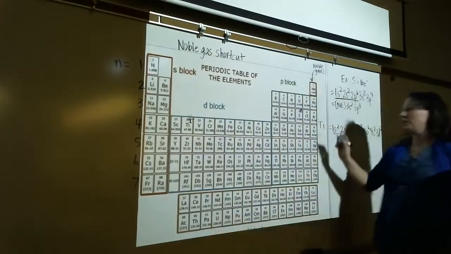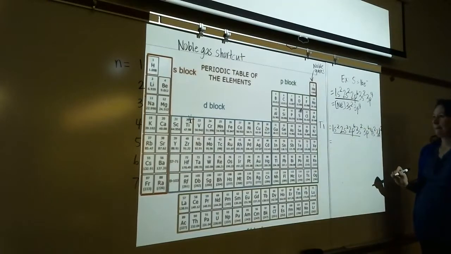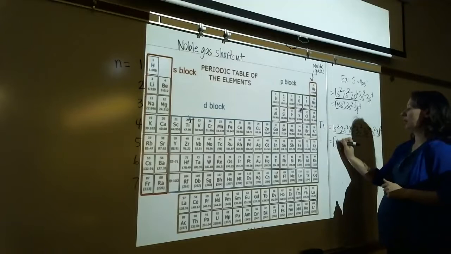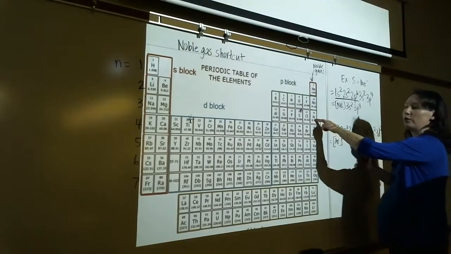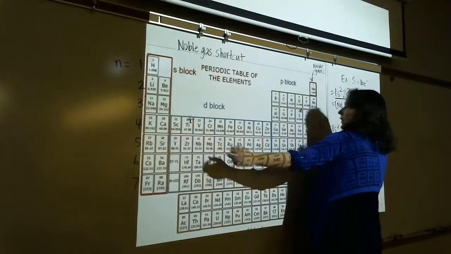What element goes in the brackets for titanium? Argon, right. Argon gets us all the way up to 3p6. So you put argon in brackets, and now all your leftovers are 4s2 and then 3d2.